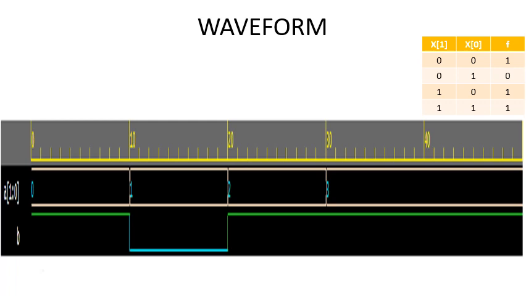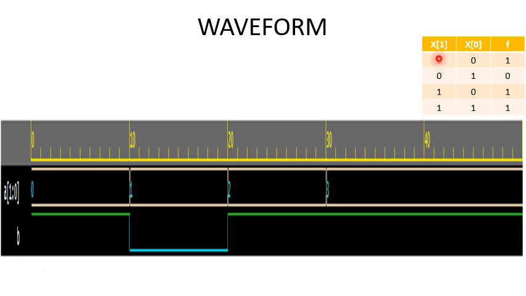Look at the waveform of the combinational circuit that we have just designed in the previous slide. Note that in the waveform, the signal names displayed are A and B. And for your reference, I have also included the truth table.